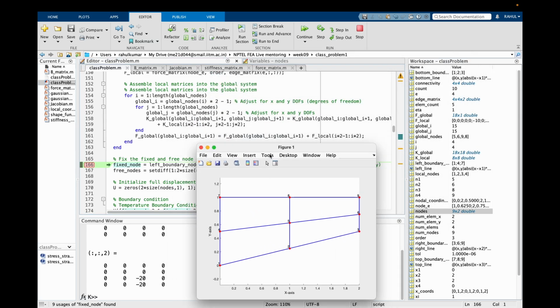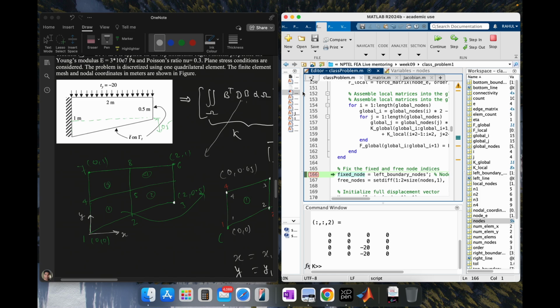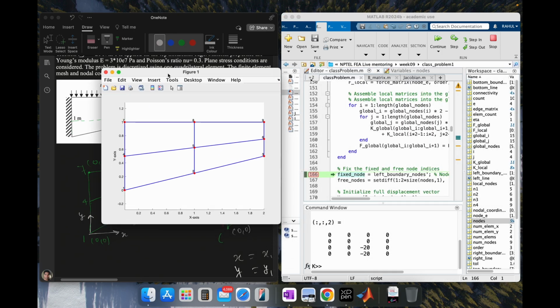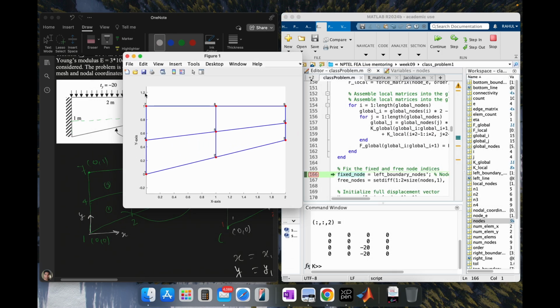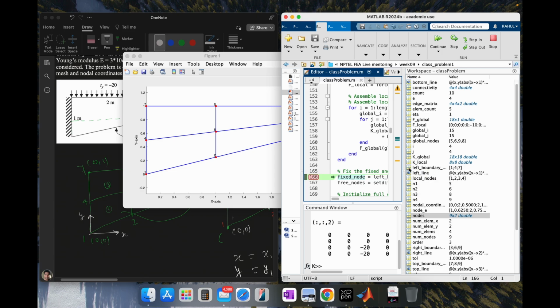Now it has found it. Now it's about the fixed nodes. What is the fixed node? Based on this image, the fixed nodes are all the left boundaries. And what are the left boundaries? Let's see here: the left boundary is nothing but nodes 1, 4 and 7.